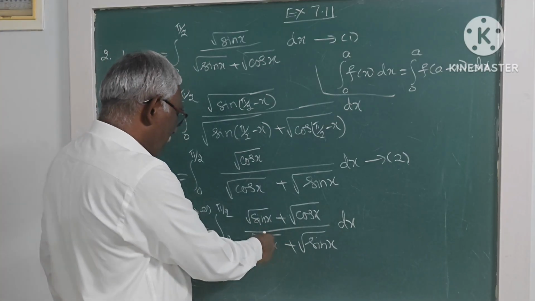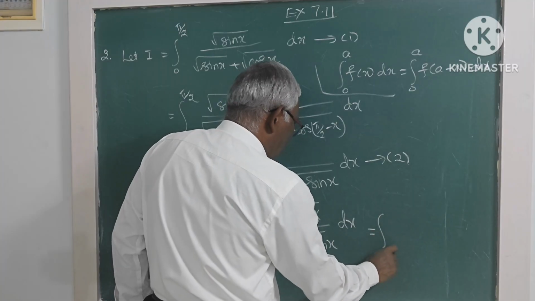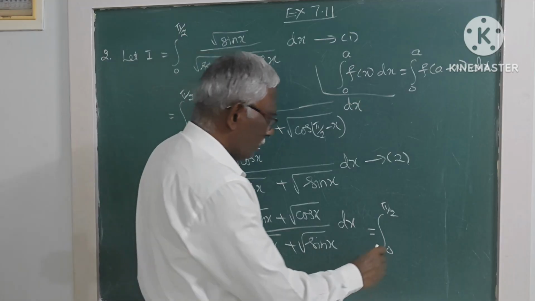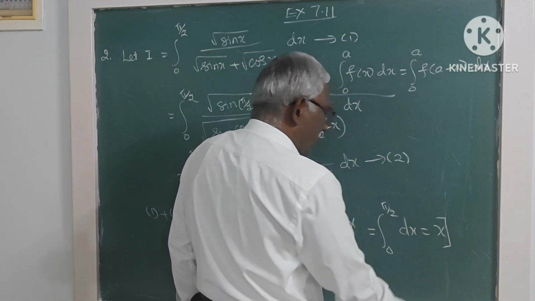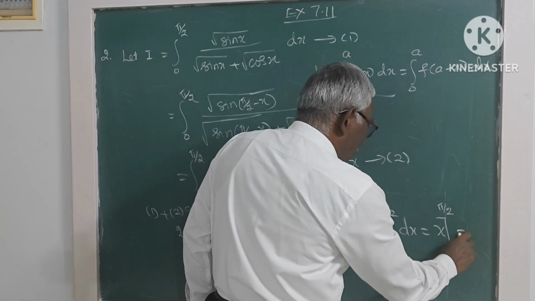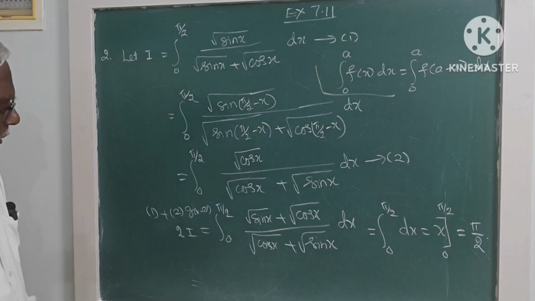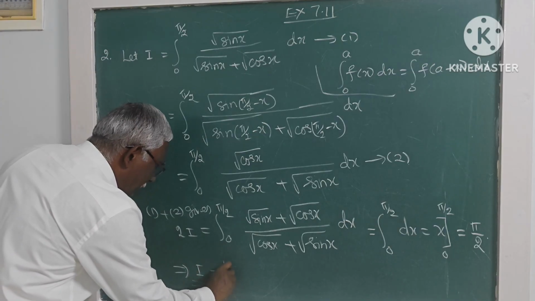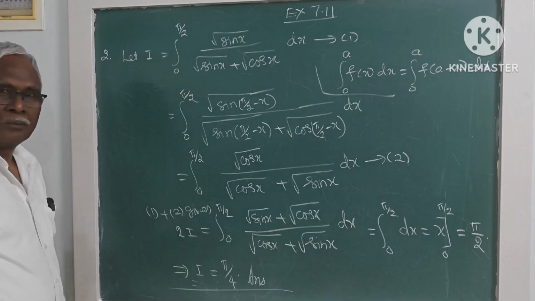So this gets simplified to integral 0 to pi by 2 dx. On integrating we'll get x from 0 to pi by 2, which will become pi by 2. So this gives the value of I is equal to pi by 4. So this is the answer.